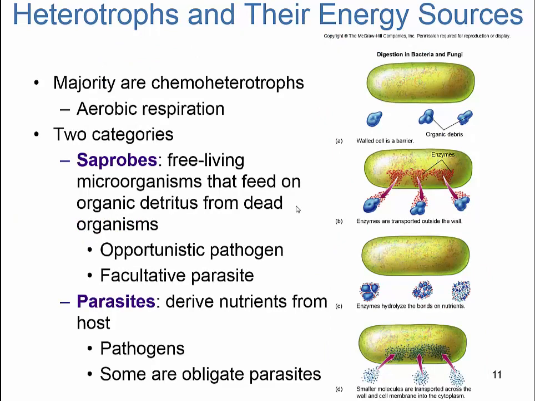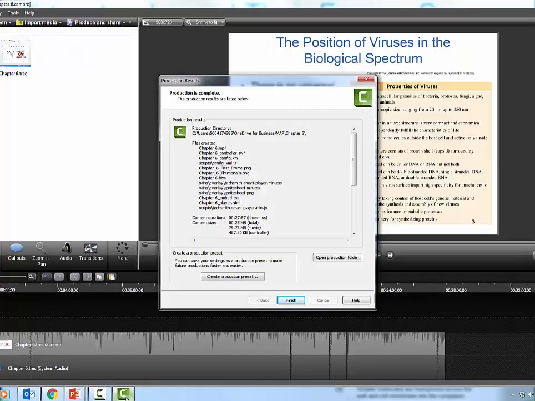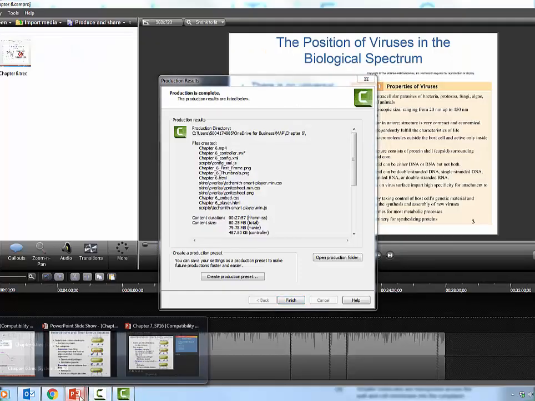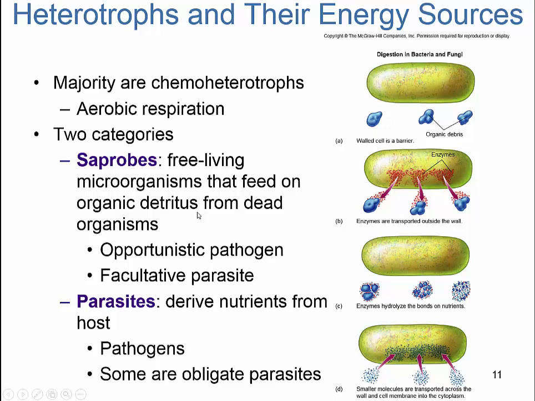So heterotrophs tend to break down into two distinctive categories. Saprobes are free-living microorganisms that can feed from other dead organisms. These can be opportunistic pathogens, so microbes that are not always pathogenic but become pathogenic under certain circumstances. Or it could be that of a facultative parasite.